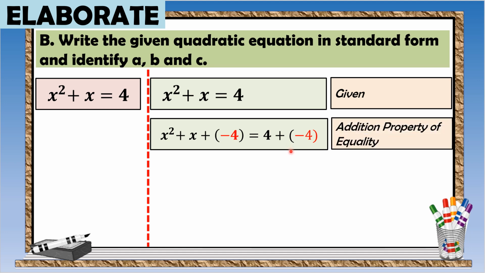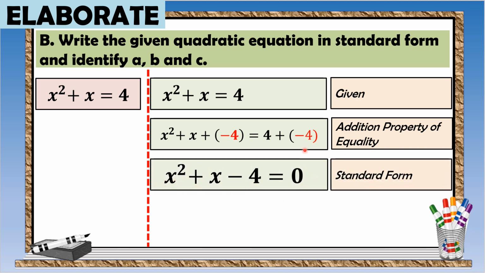We apply here the addition property of equality, wherein we add negative 4 to both sides to remove positive 4 on the right side. Let us now simplify to rewrite this in standard form.